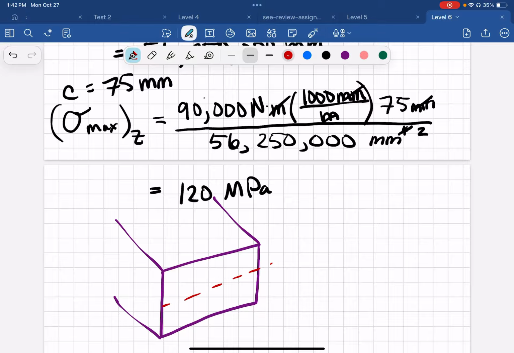So let's see if we go out here. It'd be something like this. And all these arrows are going in because it's compressing here. And then those are going to go down to 0 at that neutral axis. And then it'll go back up. I didn't draw this great.